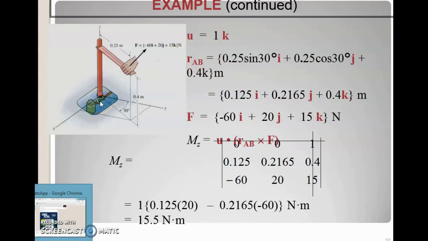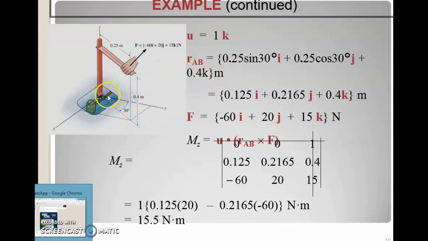First you need to know the coordinates at A and B, and then subtract the tip coordinate with the tail coordinate, which means you subtract the coordinate of A from B. The coordinate of B should be 0.25 sin 30 in the x direction, 0.25 cos 30 in the y direction, and the z is 0.4 meter away from the origin.